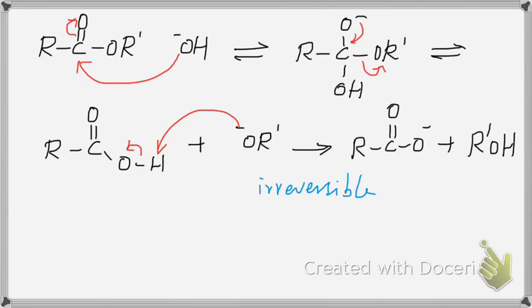That makes the whole reaction irreversible. So, as a result, if you want to hydrolyze an ester, you probably want to choose basic condition if possible, because it will make the reaction go to completion.